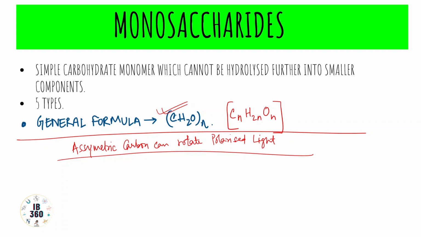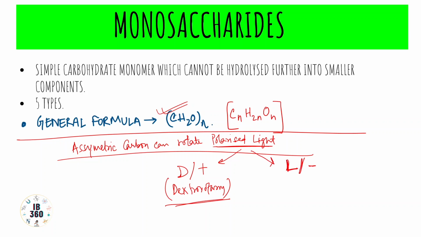So if the polarized light is rotated towards the right side, then it would be denoted as D or plus. So this is dextro-rotatory. And if it is rotated towards the left side or negative, then it would be levorotatory. Okay. And usually we see that amongst sugars, D isomers are more common.